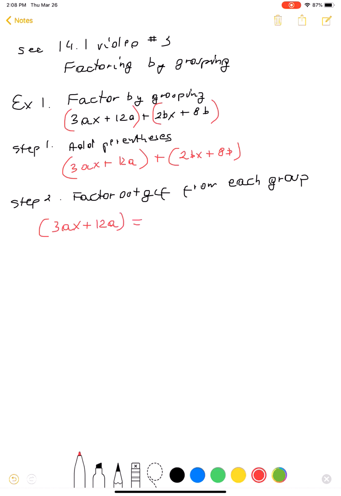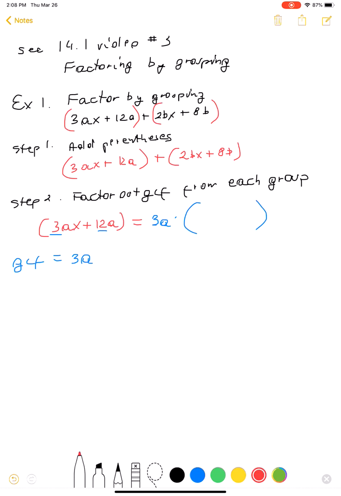You need to factor out the greatest common factor. Between 3 and 12, it's going to be 3, because 3 can divide 3 and 3 can divide 12. And between ax and a it's just going to be a. So we're factoring out 3a.